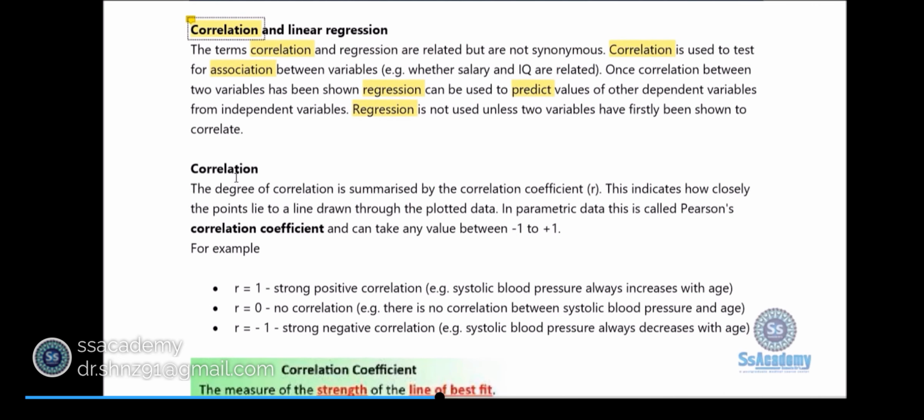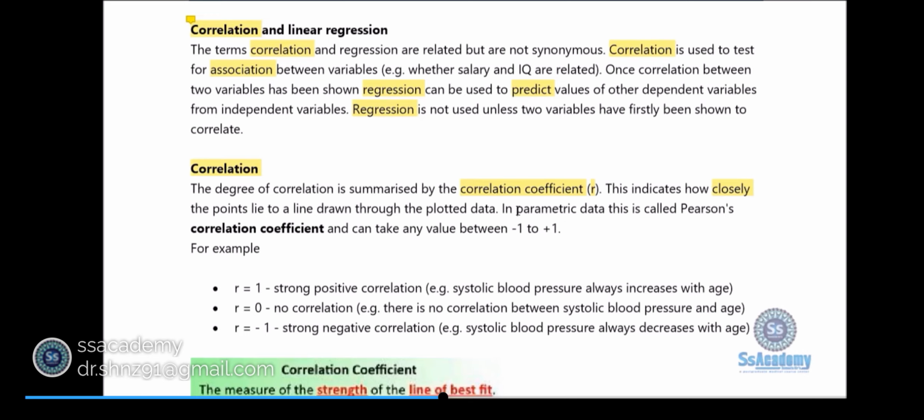The degree of correlation is summarized by the correlation coefficient. The correlation coefficient is R. This indicates how closely the points lie to a line drawn through plotted data. In parametric data, this is called the Pearson's correlation coefficient.